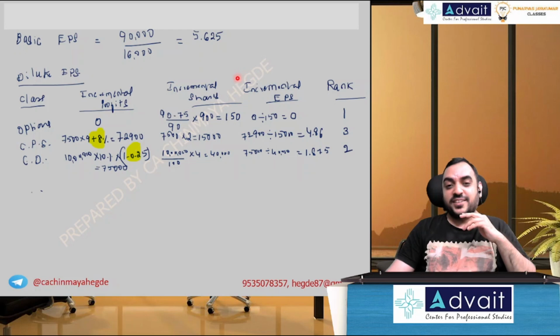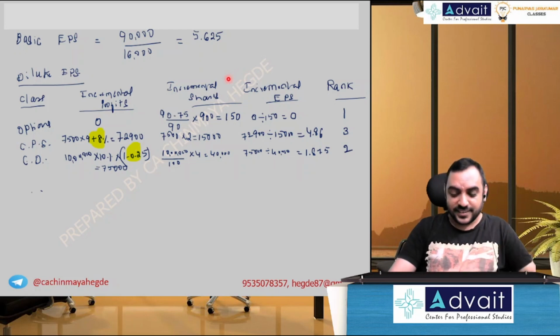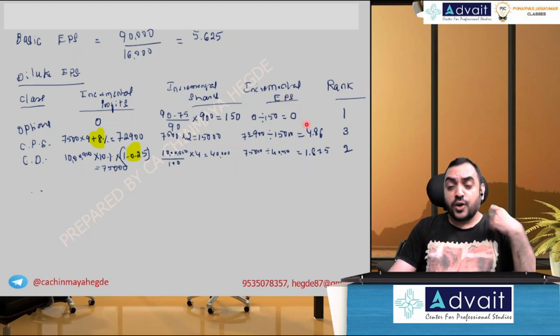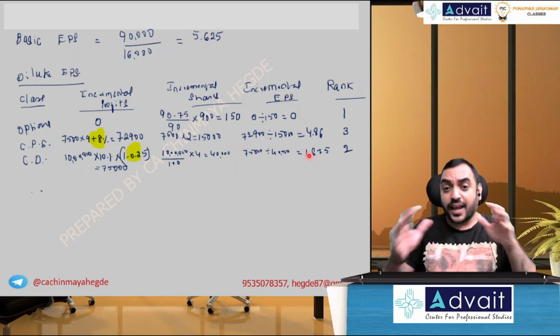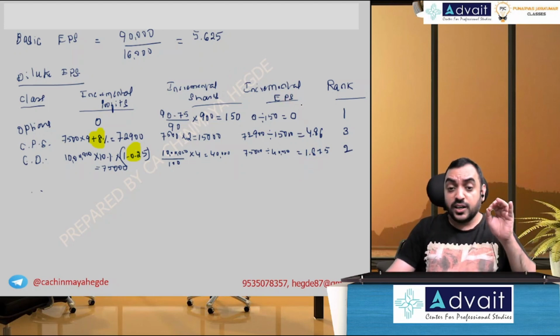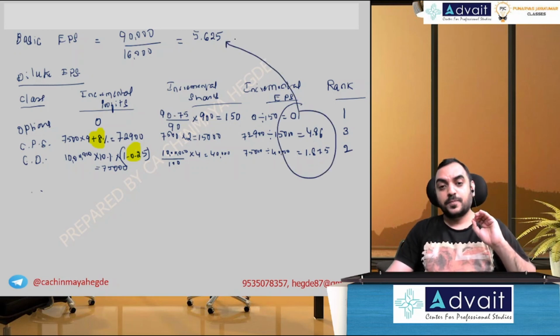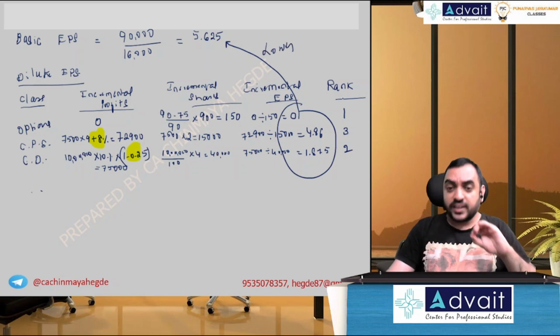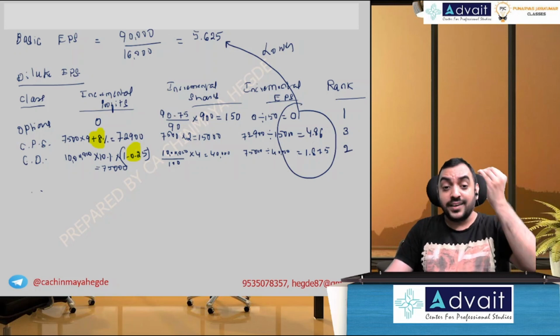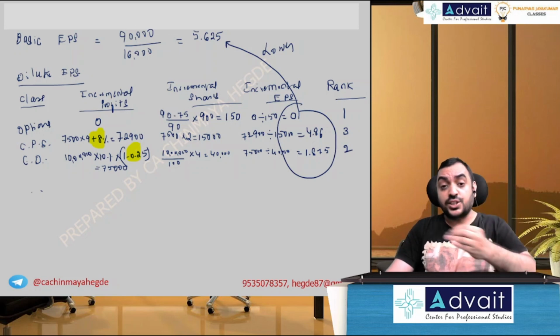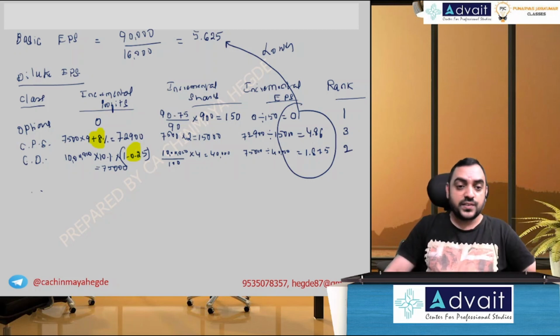It would not be 3. You know why? It is more than 5.625. It would not even be considered in the first place, with no rank. Rank will be provided only if they are lower than basic EPS. All are lower and therefore we are giving them rank. If any of them is more than 5.625, that is anti-dilutive in nature, and we will straight away ignore it. Keep this point in mind.